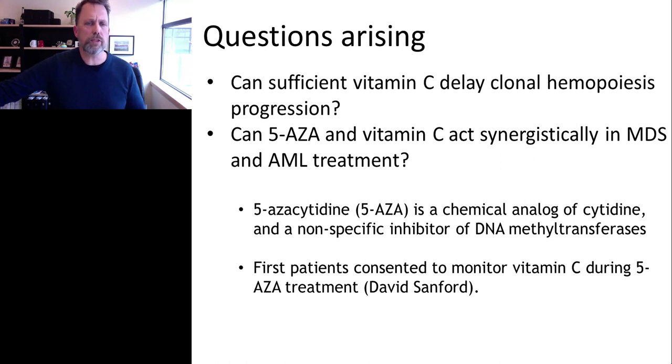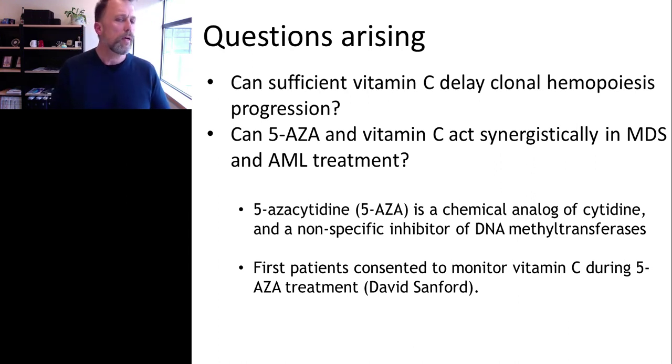So some questions that arise from this work: can sufficient vitamin C in its own right delay clonal hematopoiesis progression? In the context of those elderly patients that have these mutations, perhaps just sufficient vitamin C would delay the progression from clonal hematopoiesis to either MDS or AML.